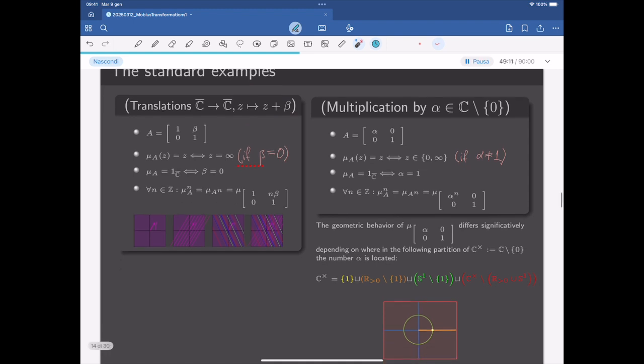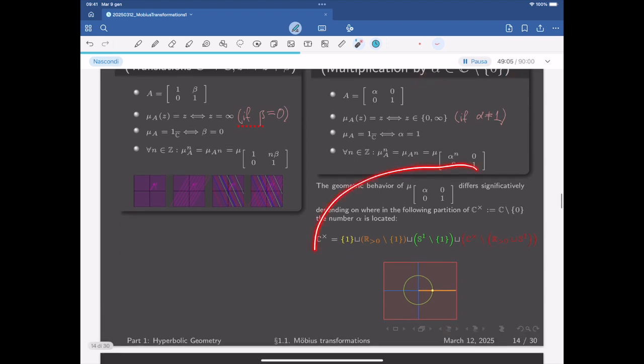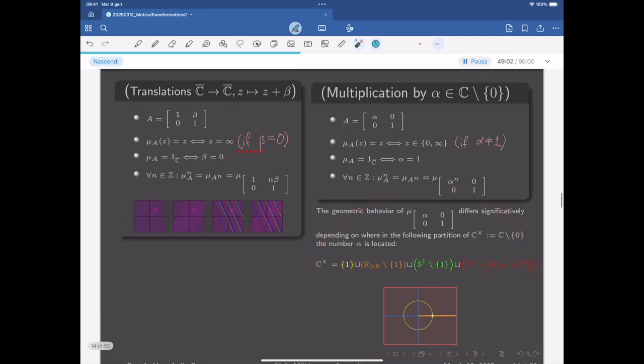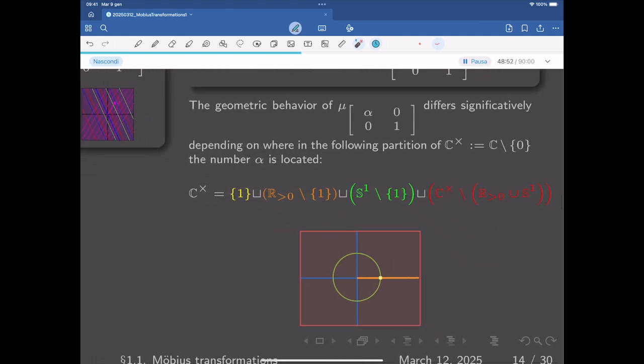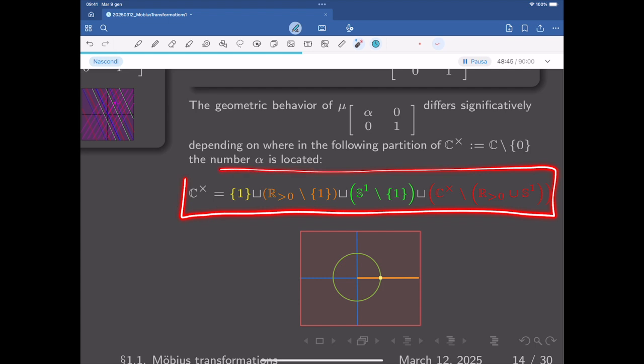But the same does not happen for multiplication by alpha. That is the reason why we have to divide in cases the study of these easy Möbius transformations. And that division into cases is according to this partition of the non-zero complex numbers. I mean, alpha is a non-zero complex number.